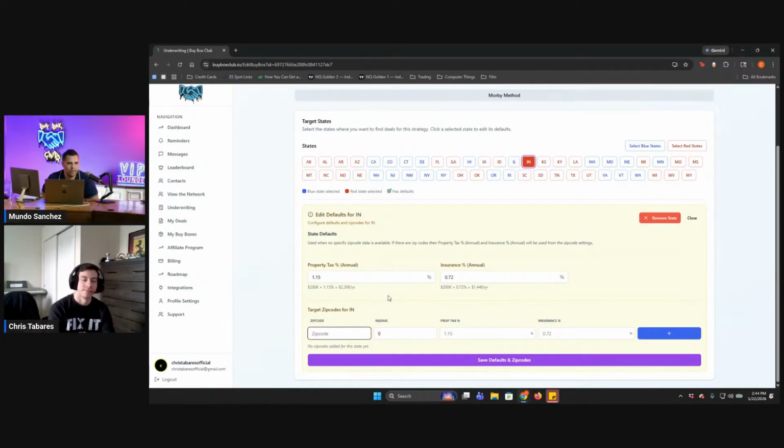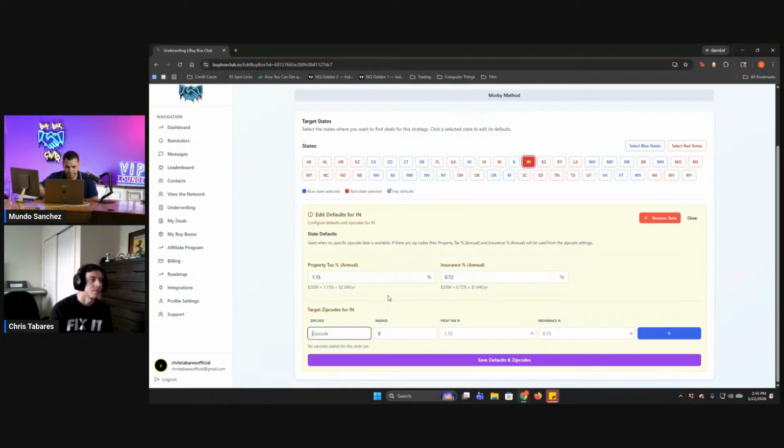I think we're getting way too in the weeds to do it at the county level, but I do have the ability to do it at the zip code level, which I think is a fair compromise. If some states have wild swings depending on where it is in the state, that would probably be an appropriate way to handle it: going off zip code, where everything in this zip code will have this rate for taxes and insurance.